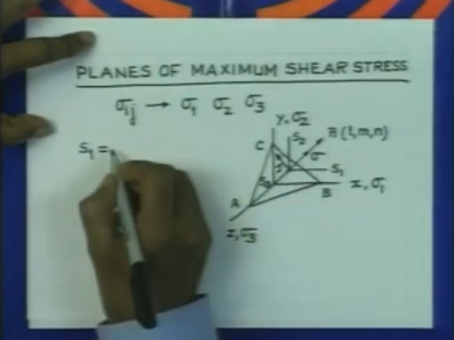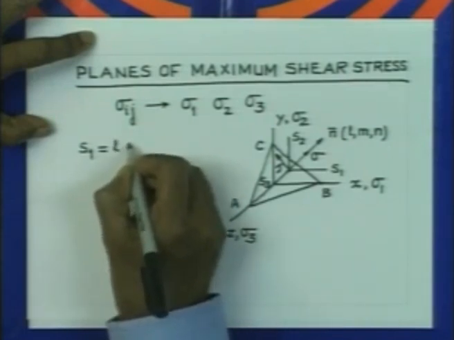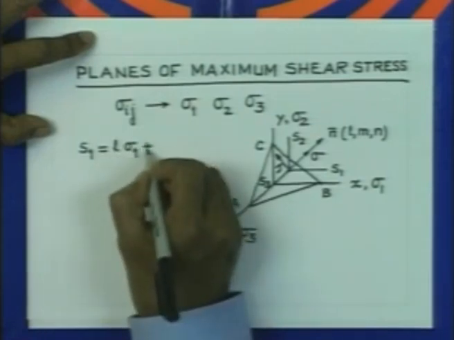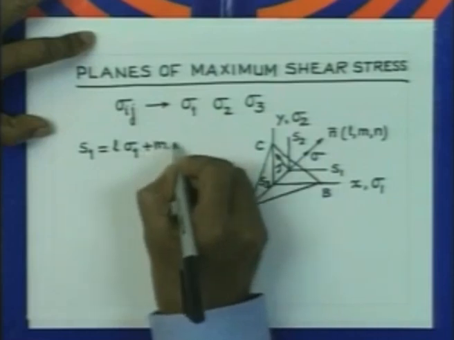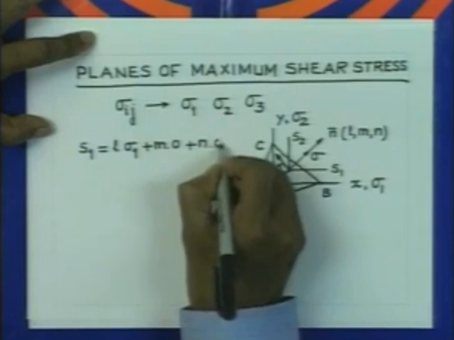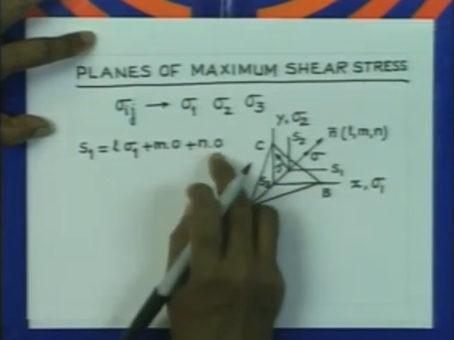So, we can write now S1 equal to, using the Cauchy formula, L into sigma 1 plus m into 0 plus n into 0, because tau yx and tau zx are 0.